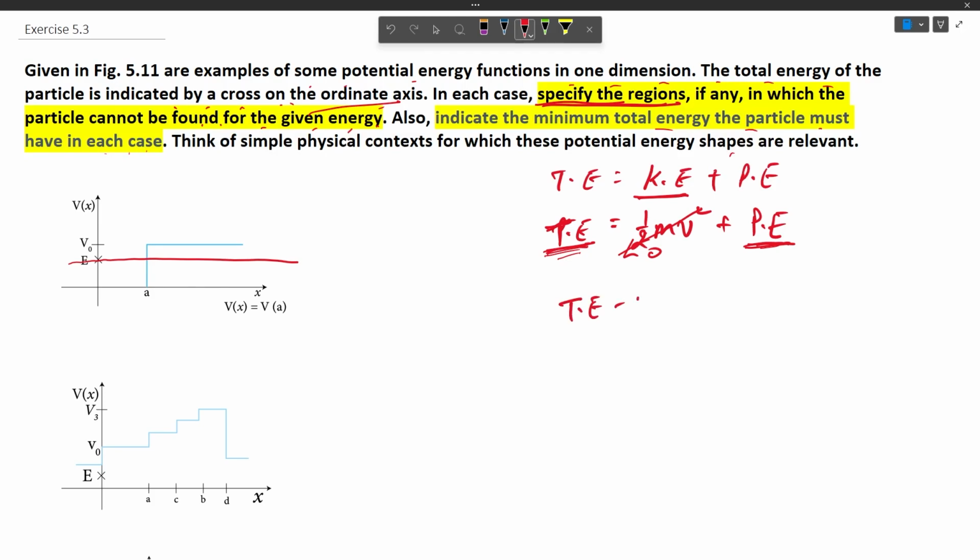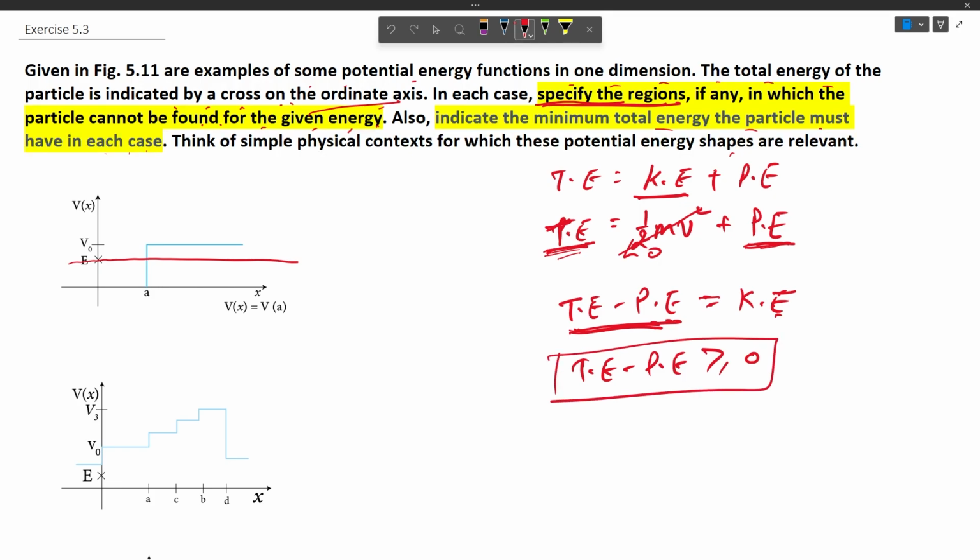So total energy minus potential energy equals kinetic energy. The left-hand side can never be less than 0 because it is equal to kinetic energy, and kinetic energy can never be less than 0. So total energy minus potential energy must always be greater than or equal to 0. Using this expression we can find out whether the region is valid or not.